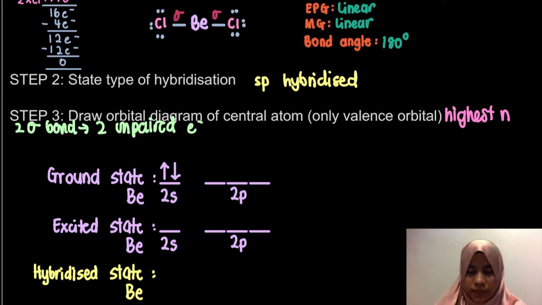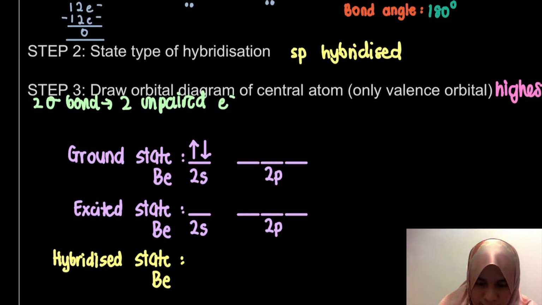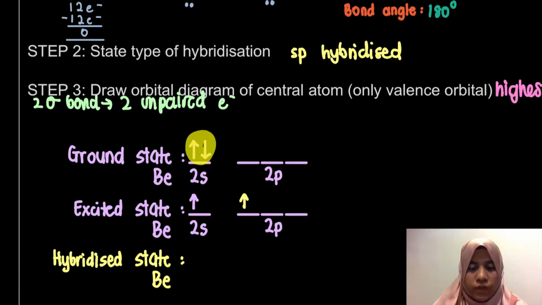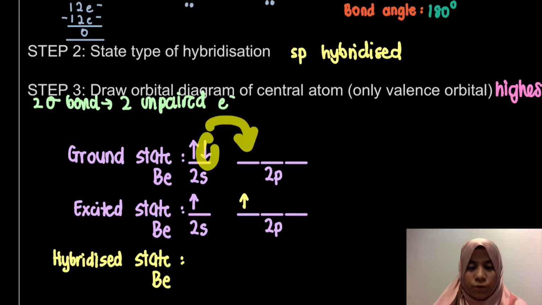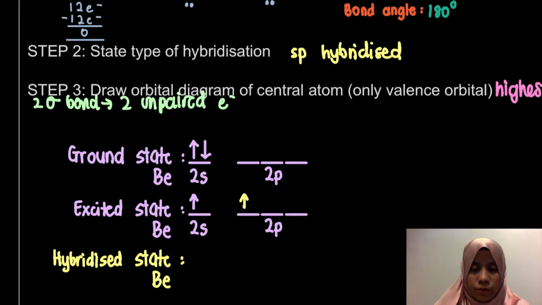So what would happen is that this electron will be excited to the 2p orbital. So how will it be? One goes here, and the other one stays here. Previously in the ground state, 2 electrons were on the 2s orbital. Now this one we excite to here. So 1 electron is on the s orbital and 1 electron is on the p orbital.